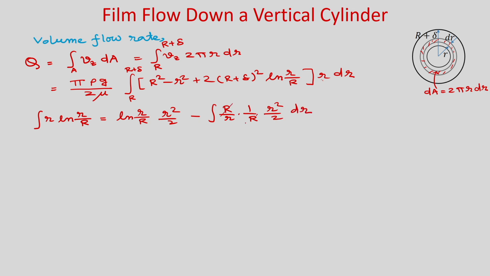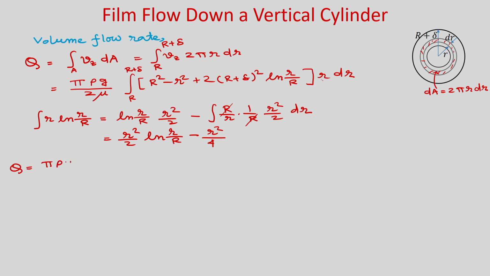So, this r will get cancelled, here you will get 1 r. So, you can write r square by 2 ln r by r minus, so it will be again r square by 2, so it will be r square by 4.